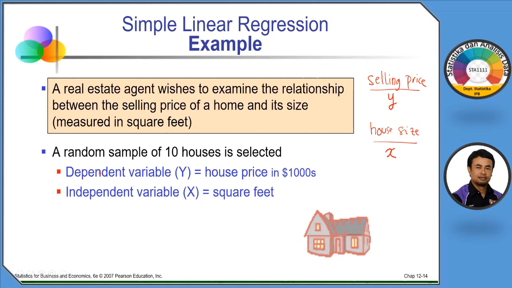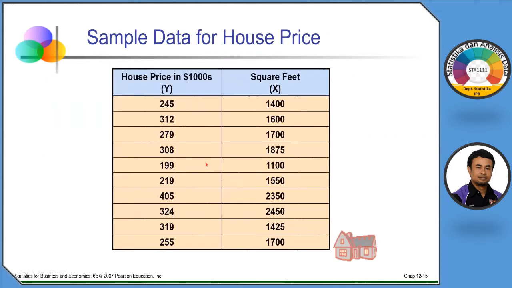As you can see here, the house price is the dependent variable, and the independent variable is the square feet, or the house size. So that is the data that we have. This is the house price and this is the size in square feet.